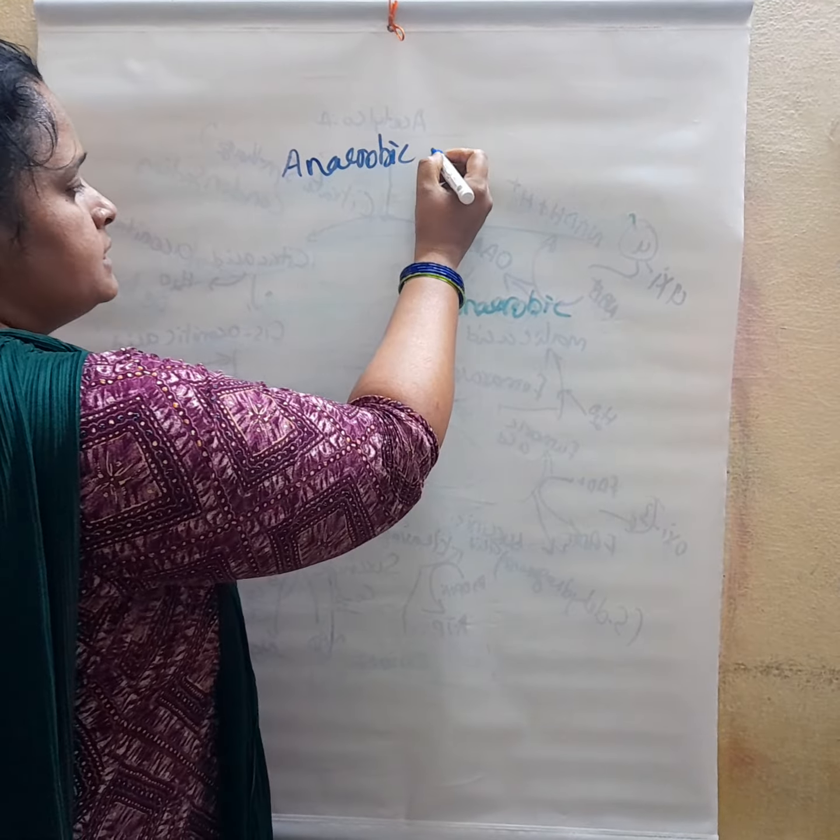Energy is utilized in the form of NADH, releasing a 2-carbon compound called ethyl alcohol, and CO2 is formed. So the pyruvic acid is converted into ethyl alcohol and carbon dioxide. That is the ultimate product of anaerobic respiration.